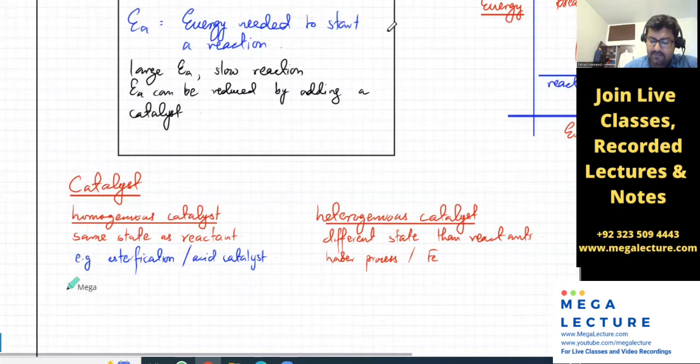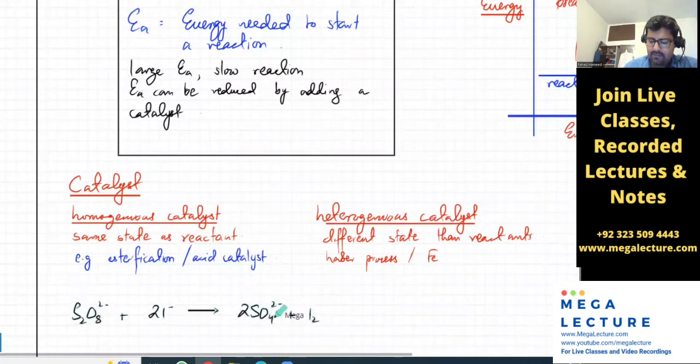Like for example, if there's this reaction, it's a reaction that happens with S2O8 2 minus plus 2I minus, and this is what happens: a reaction happens and you get 2SO4 2 minus plus I2. So you've got this reaction.